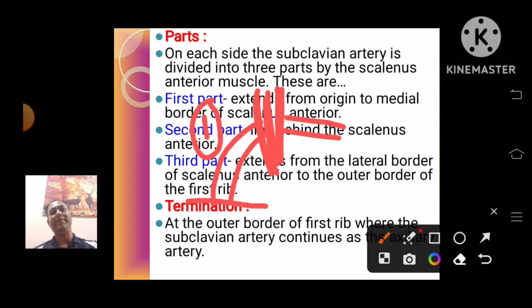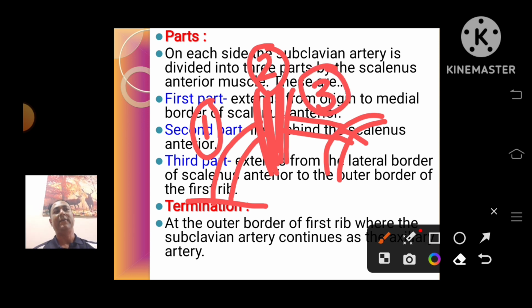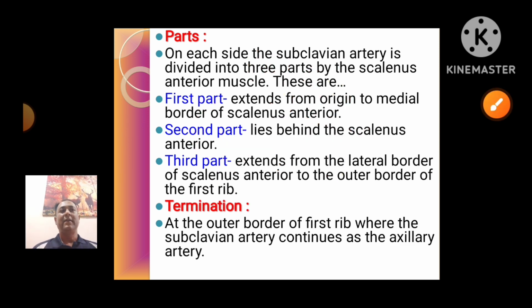The part that lies behind the muscle, it is the second part, and from lateral border of the muscle up to the outer border of the first rib, this is the third part. Okay, so first part extends from its origin to the medial border, second part lies behind the muscle, and third part from lateral border to the outer border of the first rib.